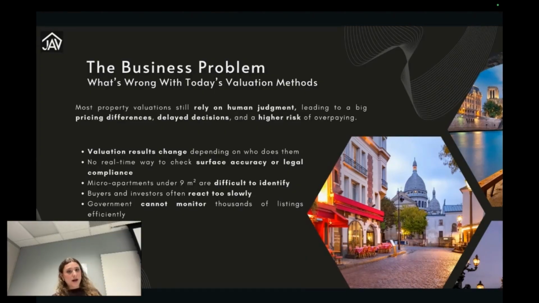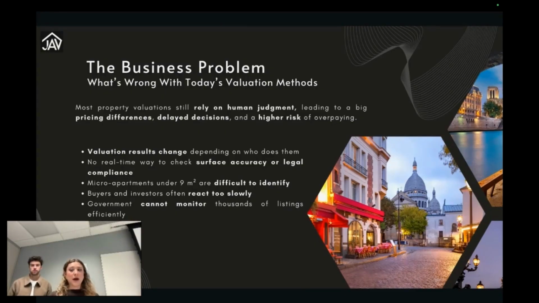This leads to pricing differences, maybe delayed decisions, because you're looking at a lot of data on your own, and it makes everything more confusing. So you have a higher risk of overpaying, or paying for something that has no value in it.